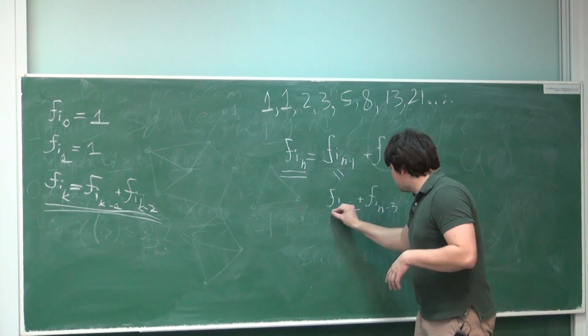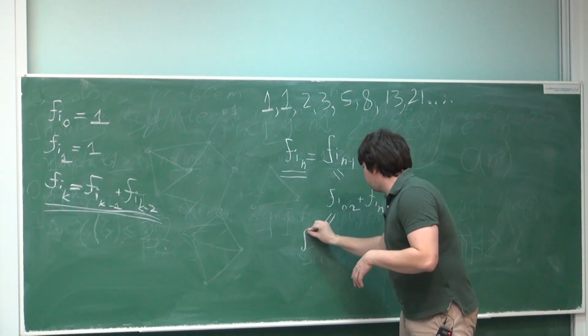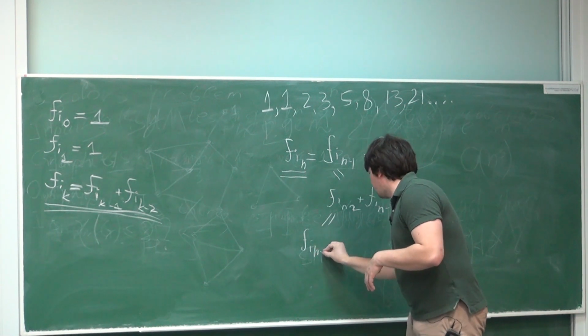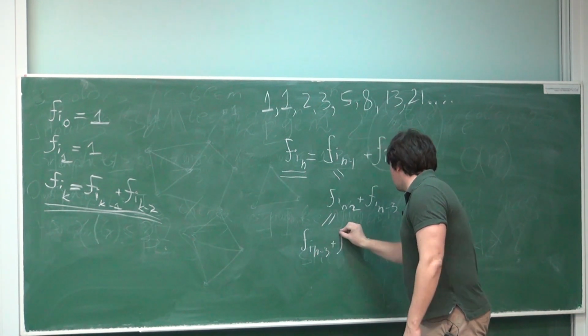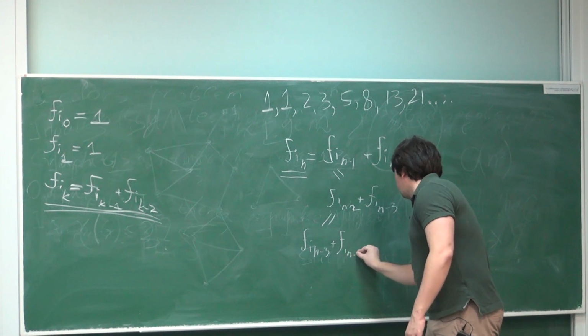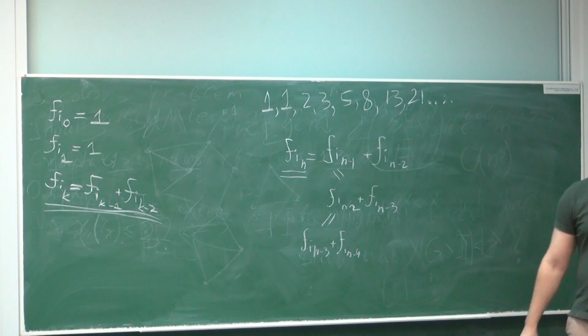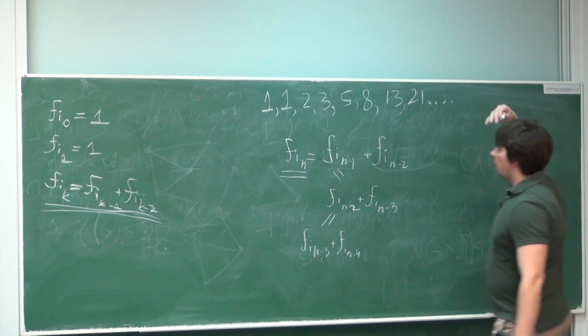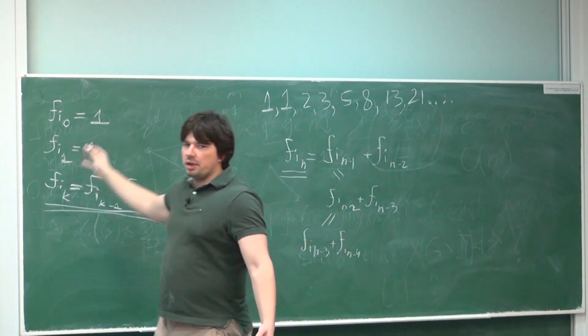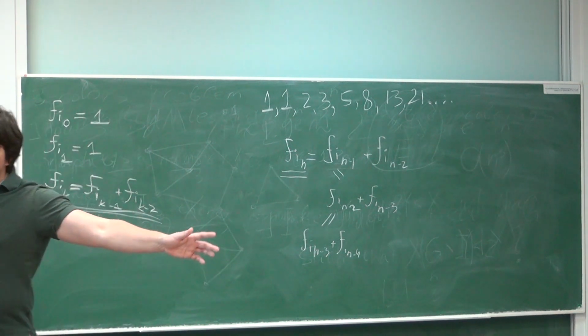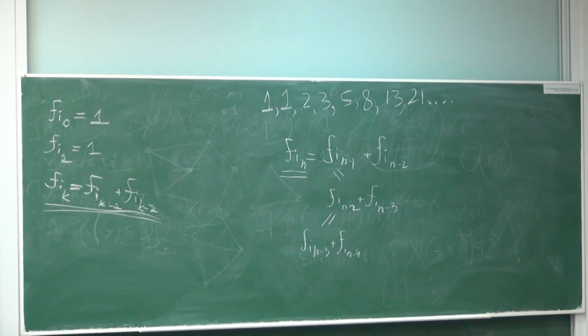But now to find this one, we need to find phi n minus 3 plus phi n minus 4. So now we have 4 things we need to compute, and so on, right? So you will actually have this horrifying time complexity, something like 1.7 to the n if you do it this way.